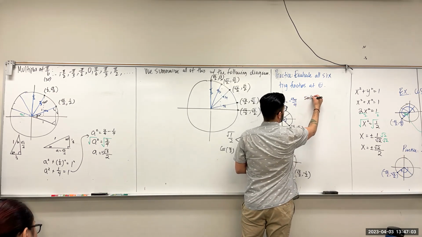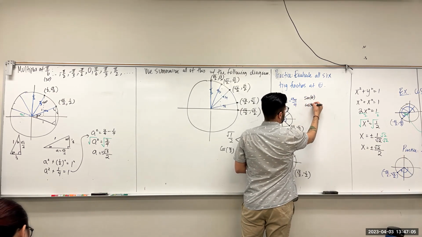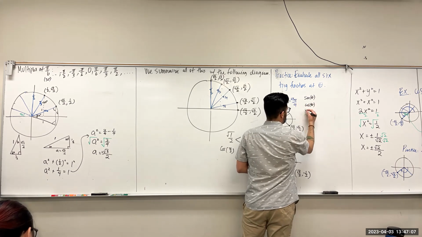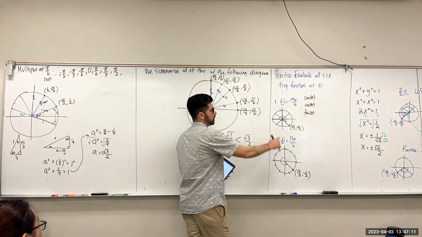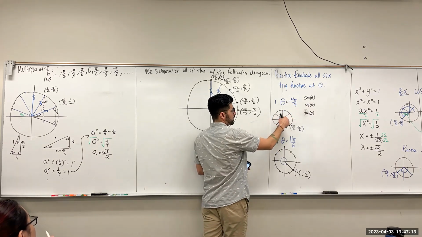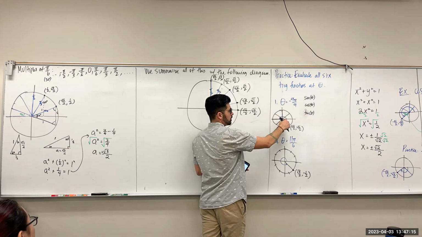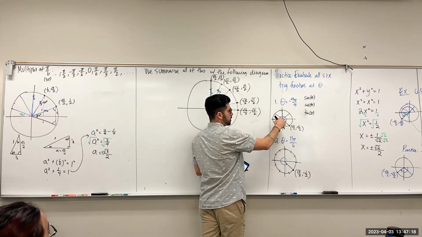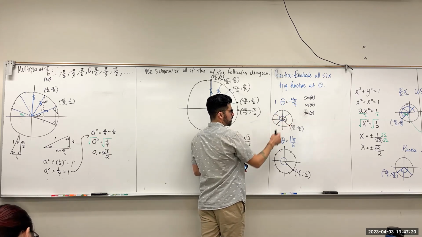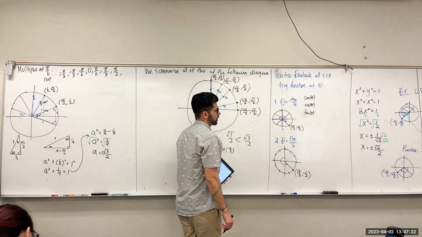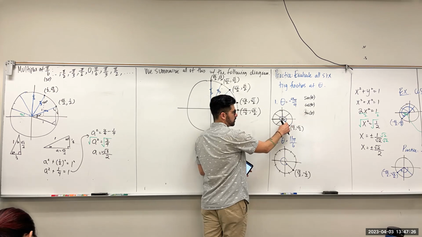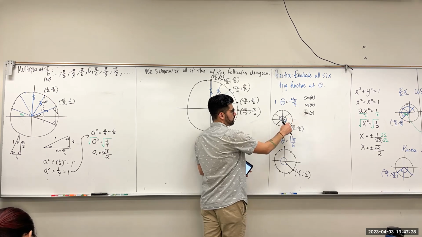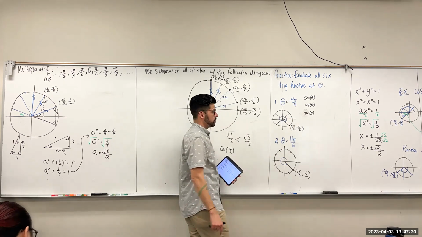So if you do sine of your theta, cosine of your theta, tangent of your theta. For sine, you split up your pi's into 4s. You would end up with 1, 2, 3, 4, 5, 6, 7, 8, 9. And so what's your reference angle here? 45 or pi over 4.